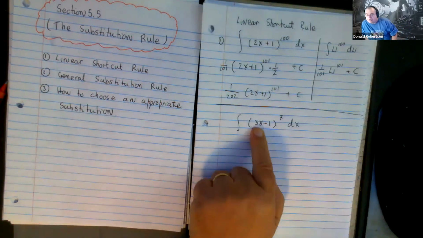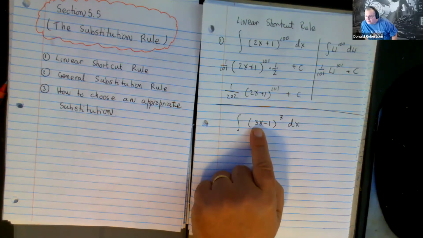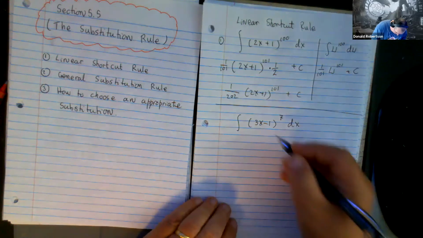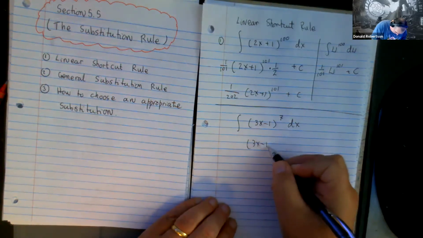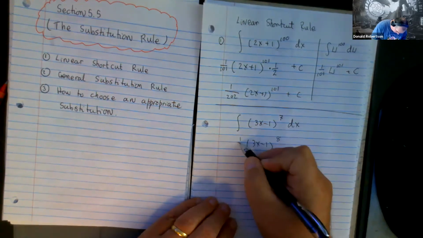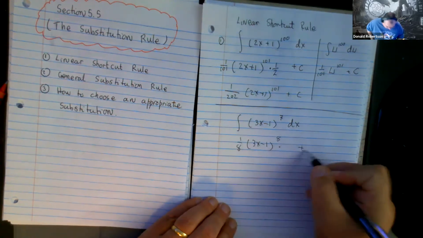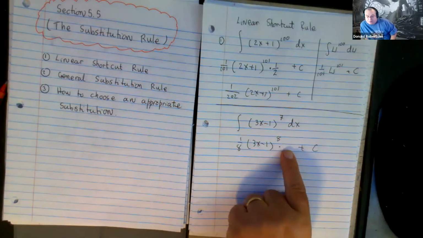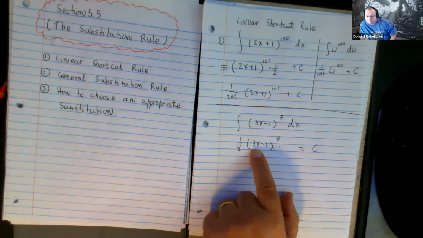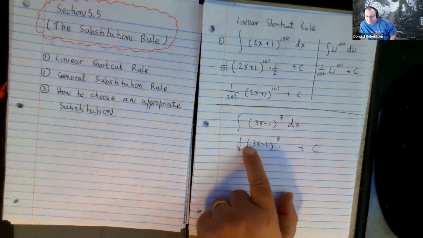It has to be 2x plus 1, 3x plus 1, 7x plus 9, that kind of thing, for this trick to work. Now, in this case, add 1 to the power, divide by the new power. What do I multiply with to finish? What goes here?